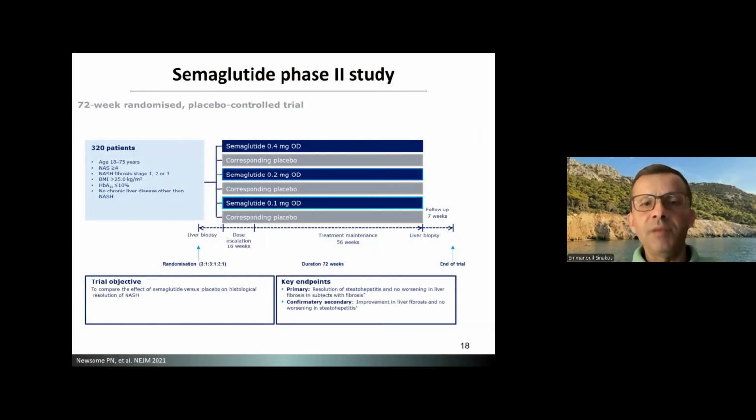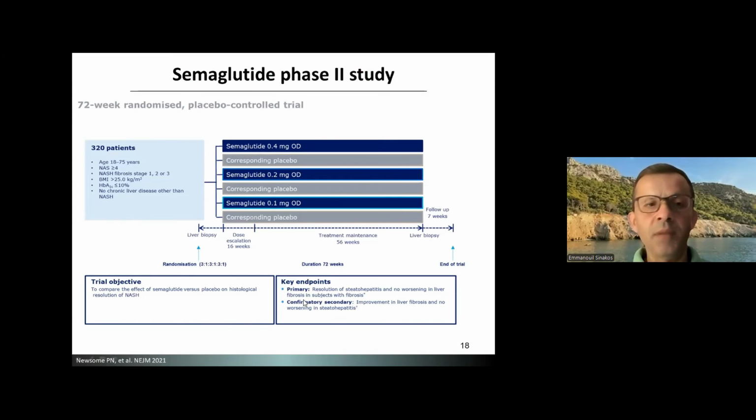Regarding the liver, what is already published is the phase 2b study, which used different dosage. As you can see, the drug was used once a day at a dose of 0.1, 0.2, and 0.4 milligrams. The endpoints were pretty straightforward for this type of studies. Resolution of steatohepatitis, again, with no worsening in liver fibrosis.